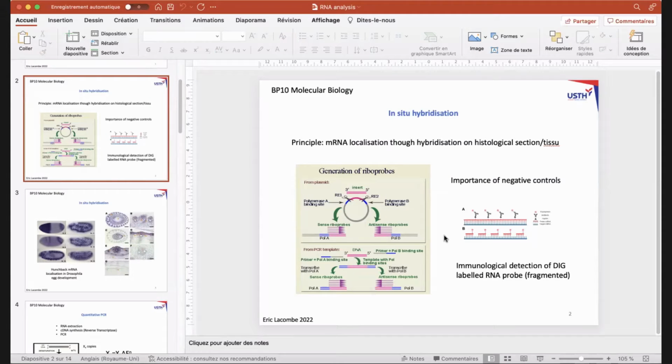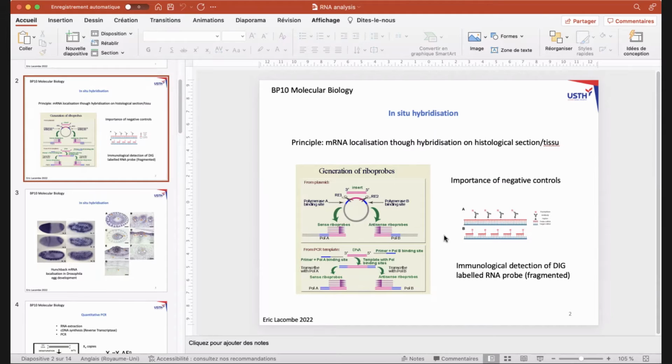So in situ hybridization is the capacity to localize one specific mRNA inside a cross-section. But because there is an extremely high background in this type of experiment, we need to pay a lot of attention to the control experiment.